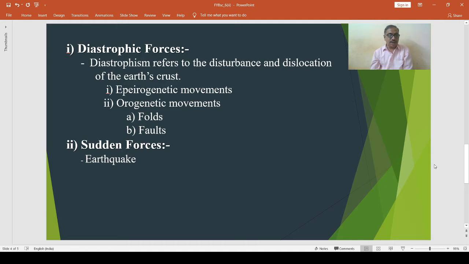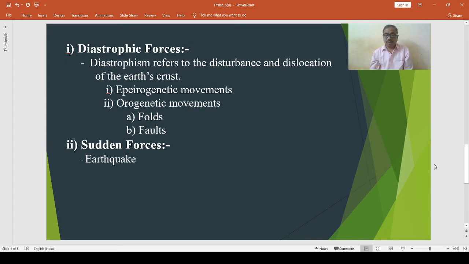The word epeirogenetic is derived from the Greek word epeiros, meaning a continent. These forces act vertically. Then orogenetic movements are horizontal movements. The word orogenic has been derived from the Greek word oros, meaning mountain. These movements work horizontally.